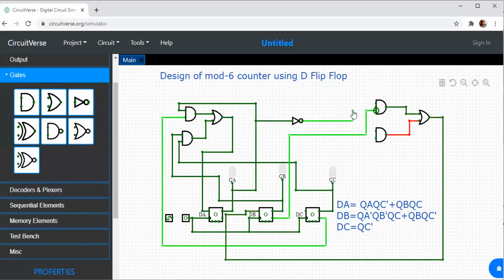So QA bar, QB bar, and the next one is QC: QA bar QB bar QC. And for the other one, it is QB into QC bar. So where do I have my QB? QB is over here. QB into QC bar.